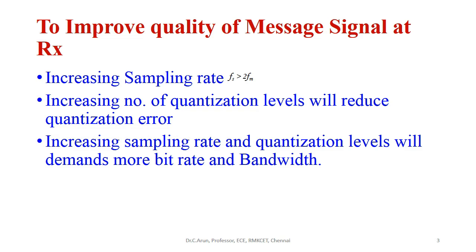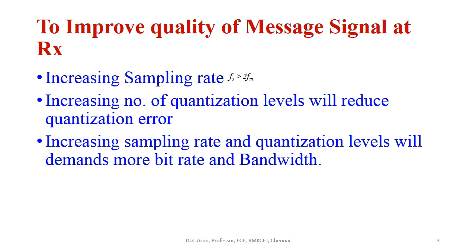Then the quality of your message signal will increase at the receiver end. Also, increase the number of quantization levels, which will reduce quantization error. Then accurate reproduction of your signal will be there at the receiver side.